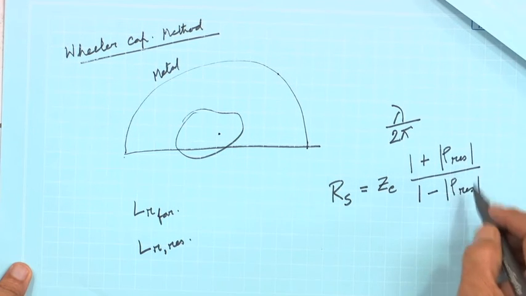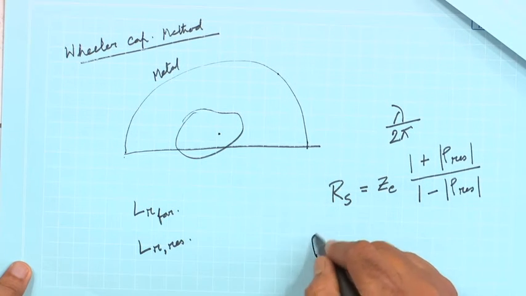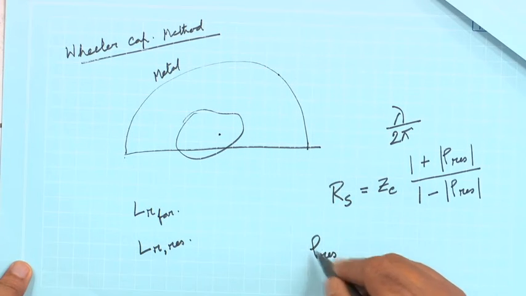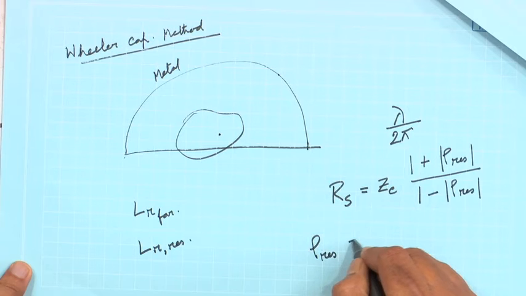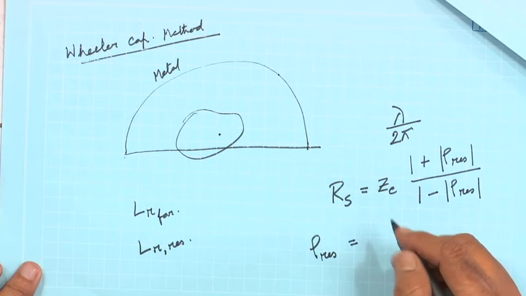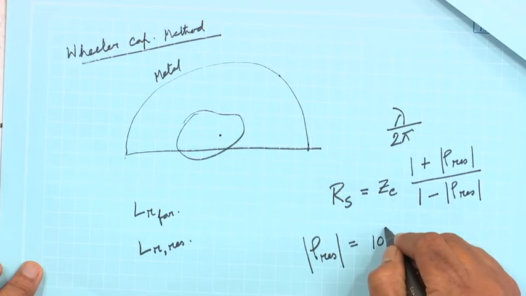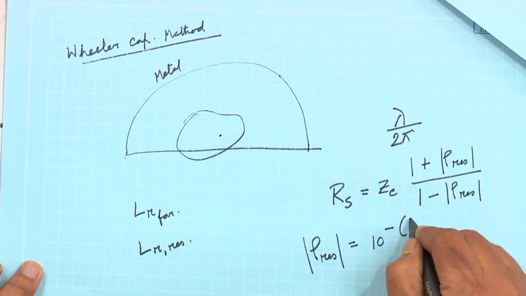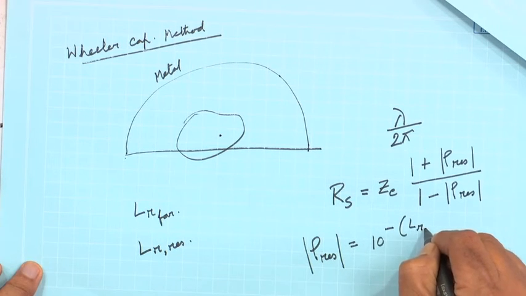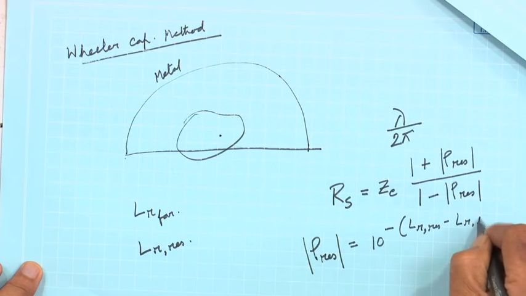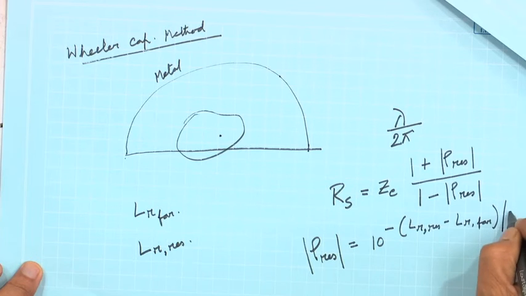And what is the value of this, because we have measured LR? The magnitude of the reflection coefficient you can easily find out is 10 to the power of minus (LR minus LR far) by 20.